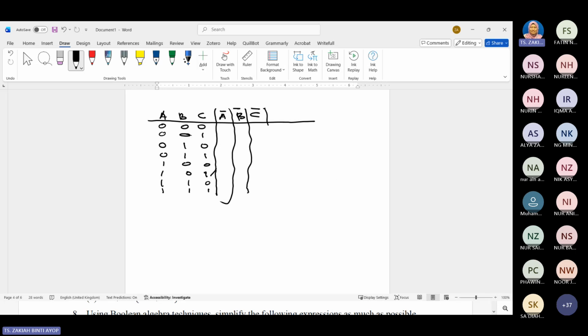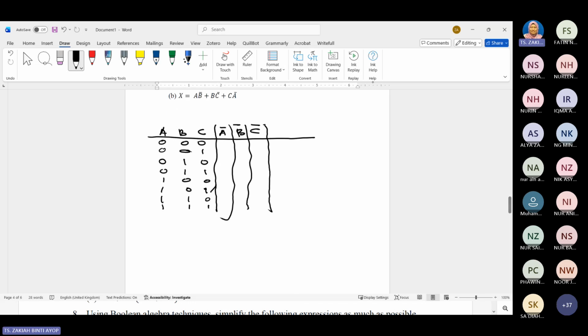So, do one by one. A bar, B bar, C bar. After you finish that, look at the next part. What does it need? A dot B bar. So you continue with A B bar, new column. And then B C bar. Okay, B C bar.